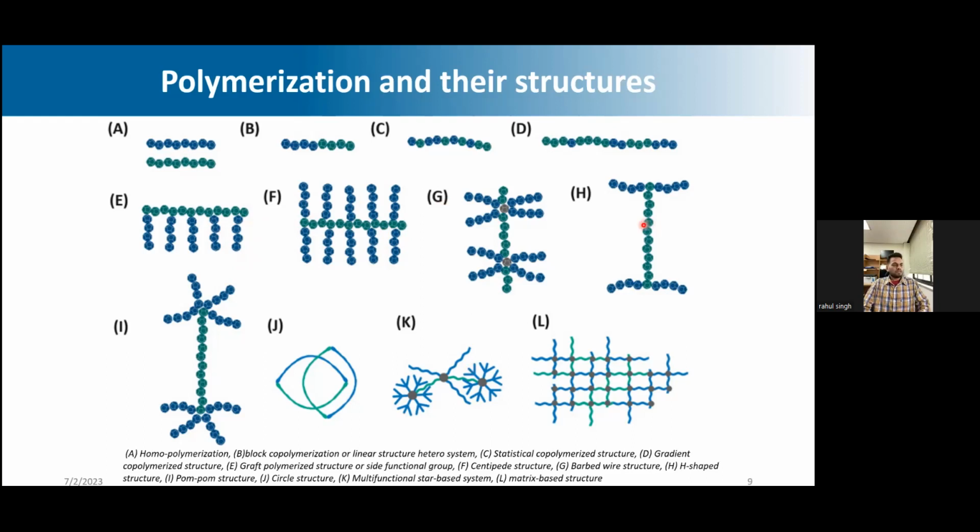So if you know that recently Professor Sharpless got the Nobel Prize for doing polymer chemistry, the click chemistry. So it's like two times he got the Nobel Prize. These are the things which we are doing in our laboratory.